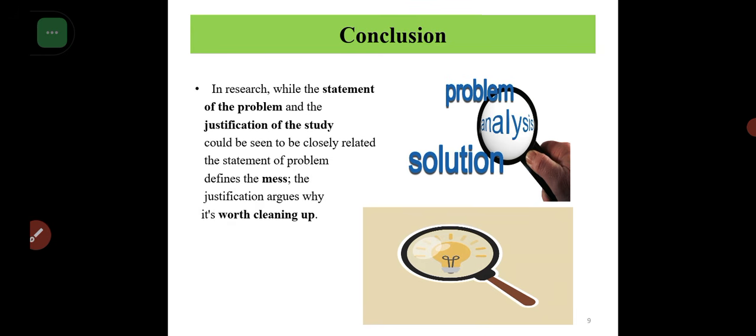So in conclusion, in research, the statement of the problem and the justification of the study could be seen to be closely related. The statement of the problem defines the mess. That means it looks at all the troubles, the negativities, the gaps, the things that have not been solved. How big is the problem?